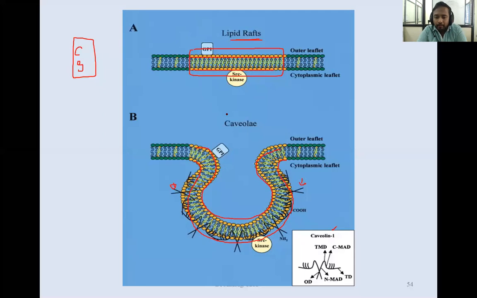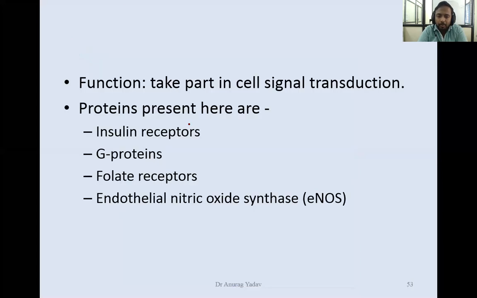This pocket-like structure is called caveole, which occurs due to the presence of a protein called caveolin, which helps in procedures like, for example, endocytosis. Okay, this is one of the mechanisms for endocytosis of particular things.